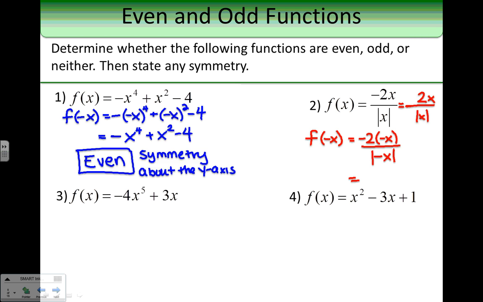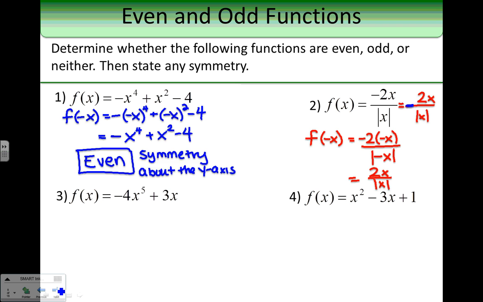Negative 2 times negative x is a positive 2x over the absolute value of negative x, which is the same as the absolute value of x. As you can see, I started out with a negative function here, negative 2x over the absolute value of x.